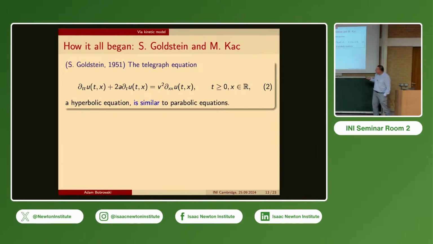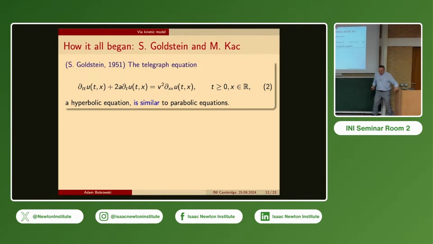In particular, if you start from a positive initial value, all the consecutive values are going to be positive. So it's like in a Feller process, or a Markov process, if you look at the expectations.